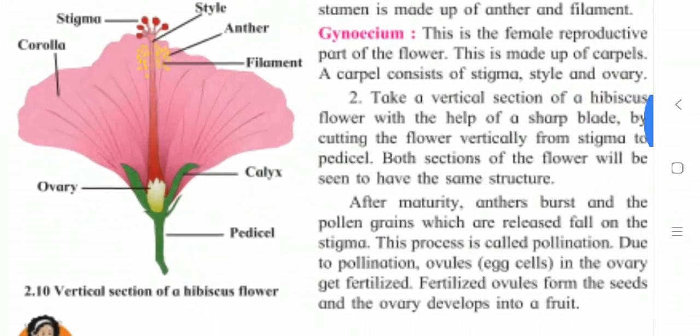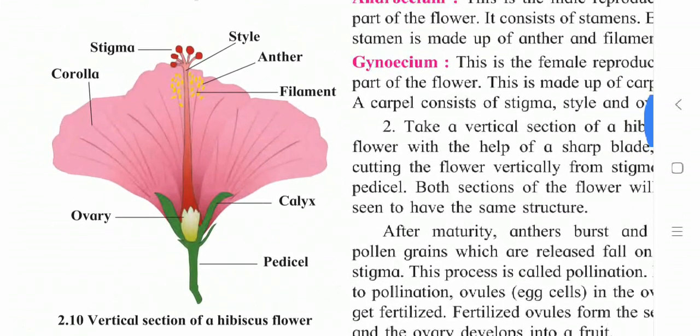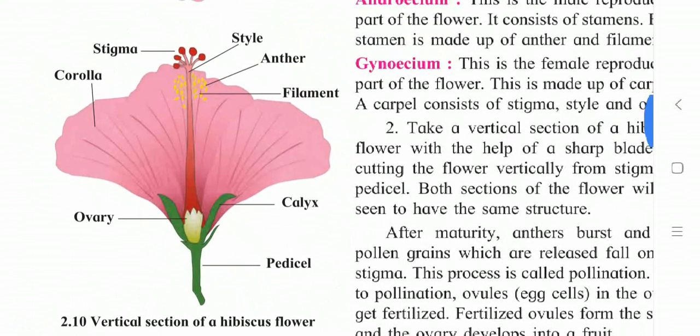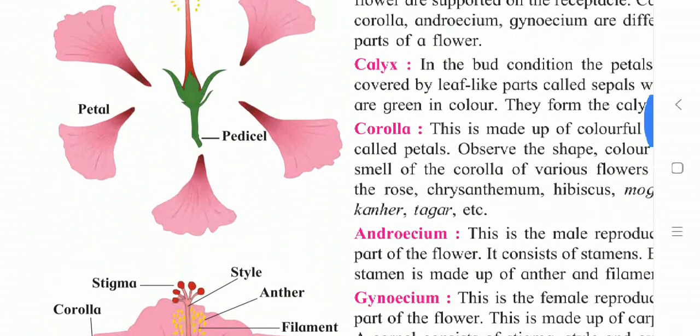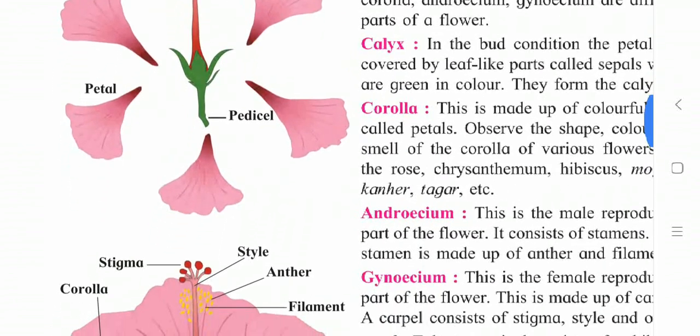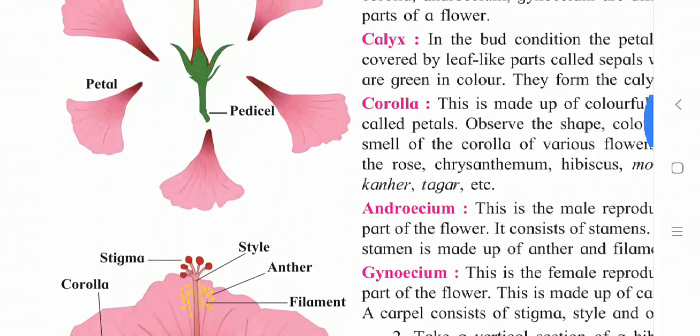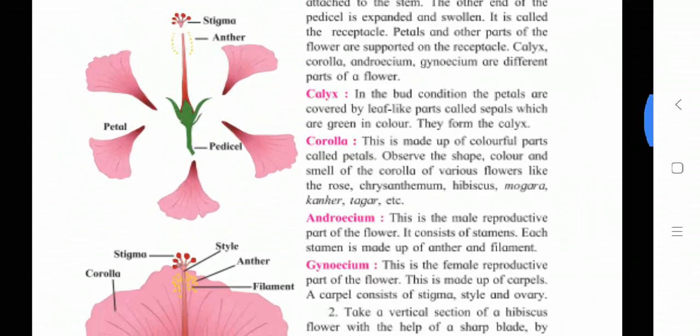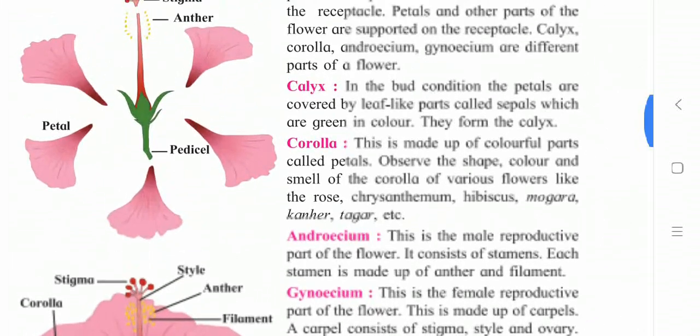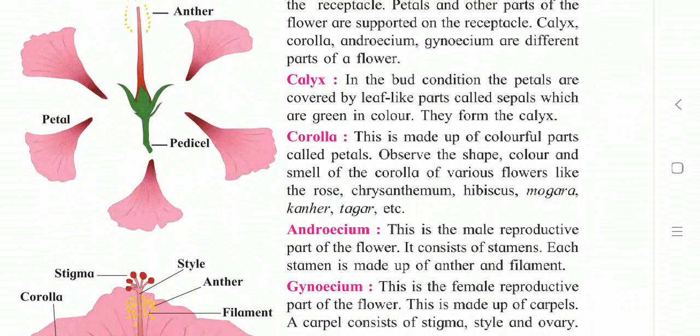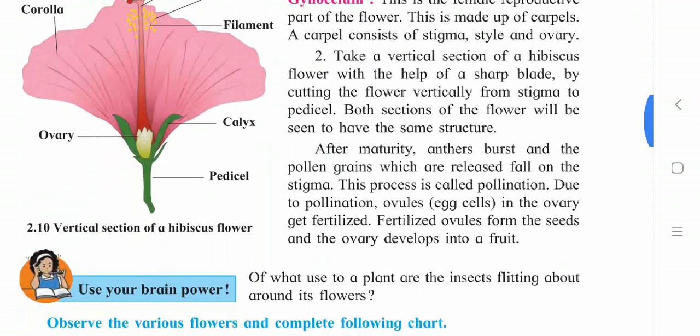So you can observe carefully the diagram and draw this 2.10 diagram, label diagram as it is in your notebook, and also write down these 4 important parts of a flower. You write this paragraph, 4 parts, that is calyx, corolla, androecium and gynoecium, as it is in your notebook as a short note.